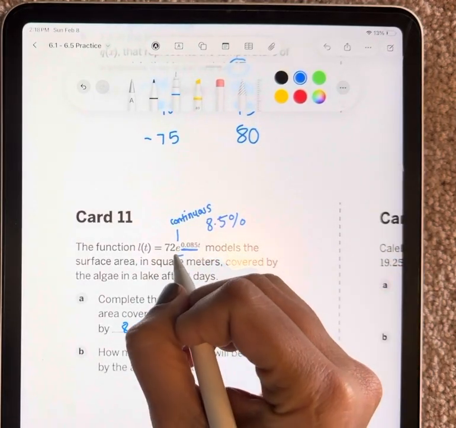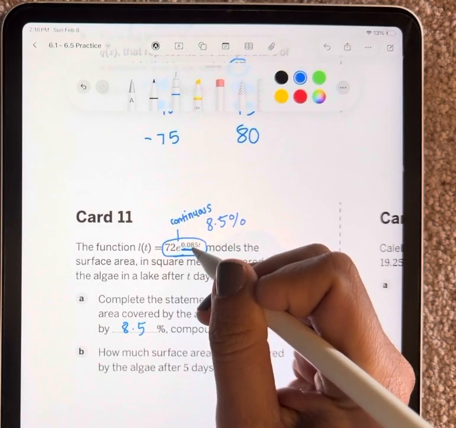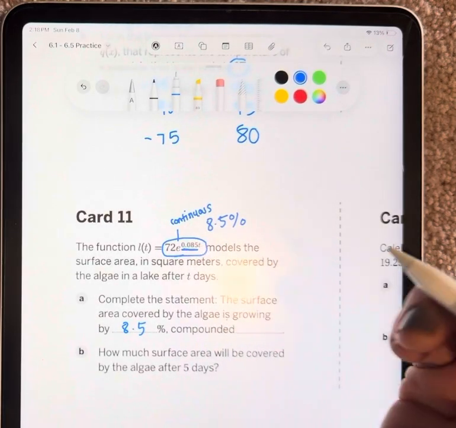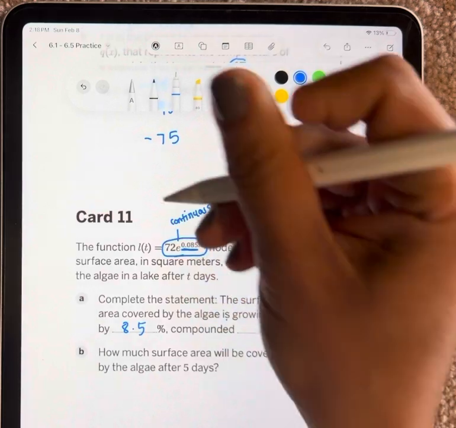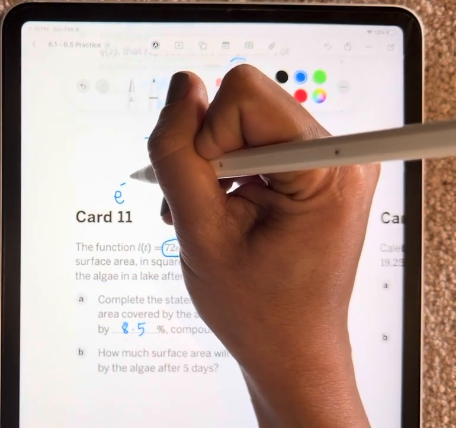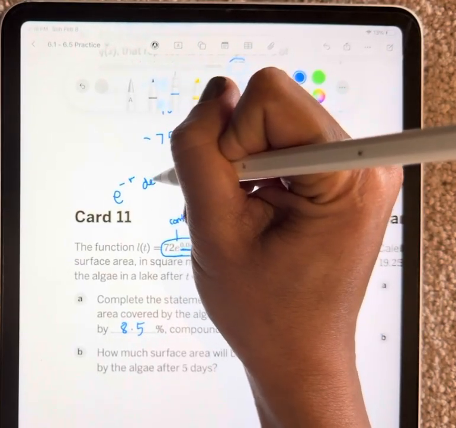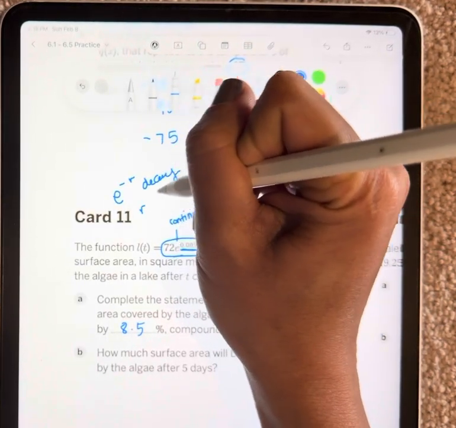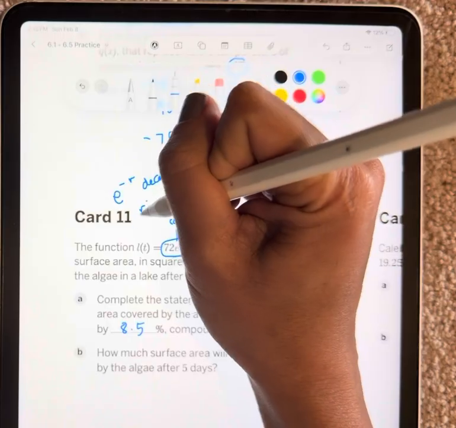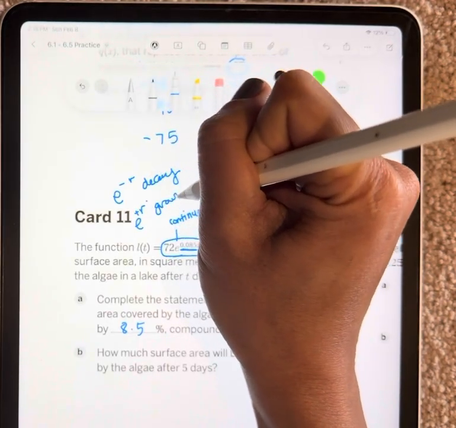You guys, with these E equations, if it was decay, the rate would be negative. It would be negative 0.085, okay? So just with the E ones, E to the negative, whatever the rate is, means decay or decrease, and E to the positive R means growth or increase.